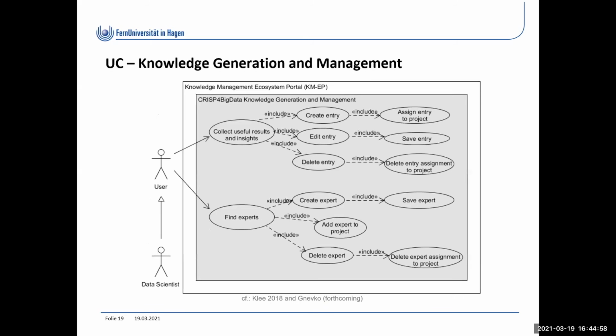The knowledge generation and management phase cares about the generated knowledge and also the experts of this project, and will store the knowledge also to have it later on in archiving packages used, for example, in the ORES reference model.